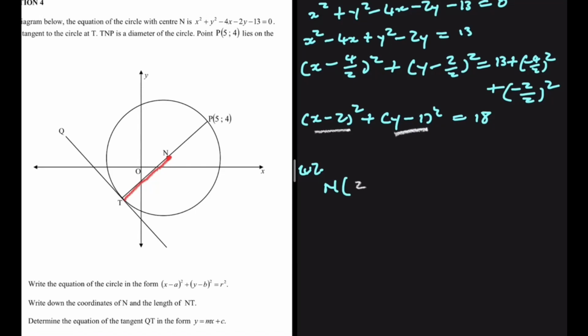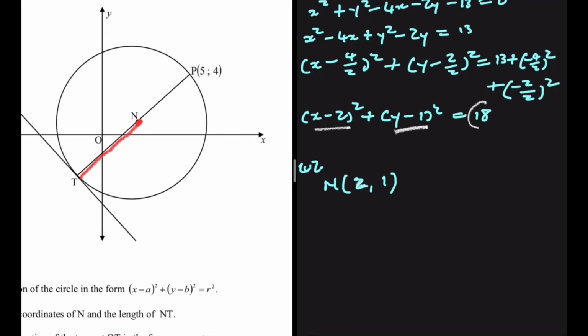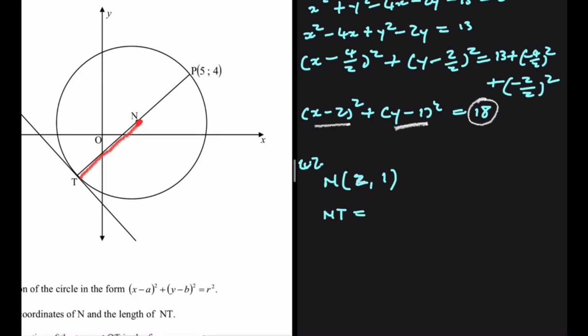And then how can we find the length of NT? Like we've already deduced, NT is the radius, and on our equation we have radius squared. So we can go ahead and say that NT is equal to the square root of 18, because 18 is radius squared and NT is our radius.